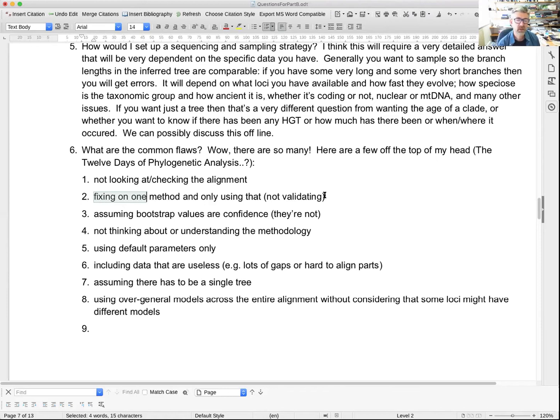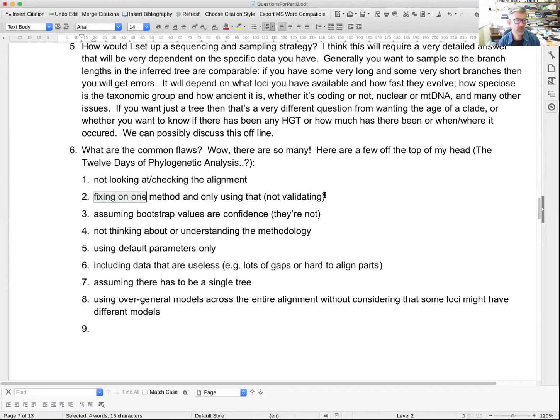IQ-TREE runs very fast, and it's optimized to do its thing very, very quickly. Another one that works extremely well is RAxML, and it's also on Galaxy. They both work super fast, so there's no reason to not use multiple methods.